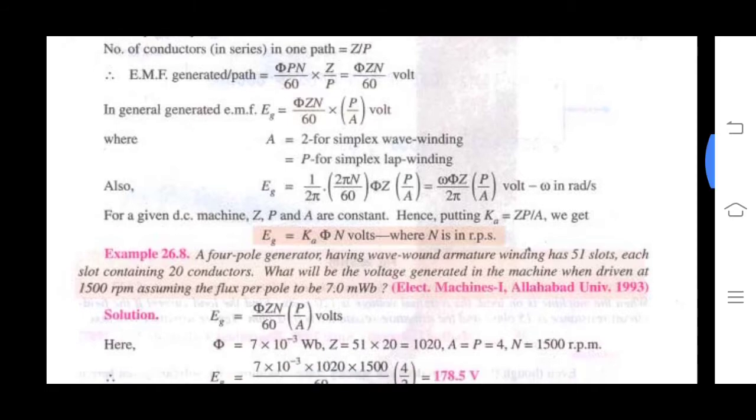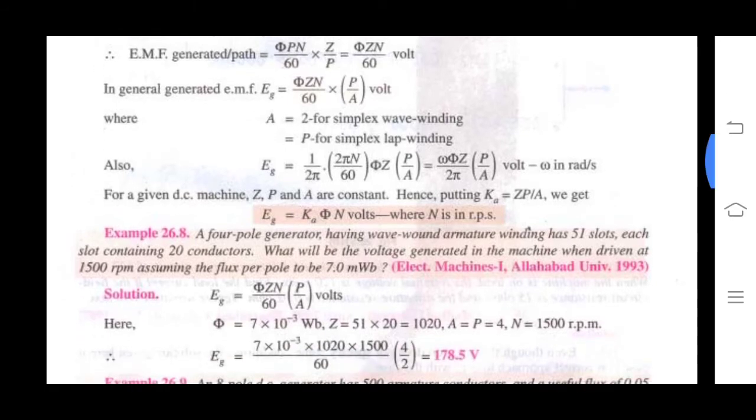In general, the generated EMF is equal to ΦZN by 60 into P by A volts, where A equals 2 for a simplex wave winding and A equals P for a simplex lap winding machine.